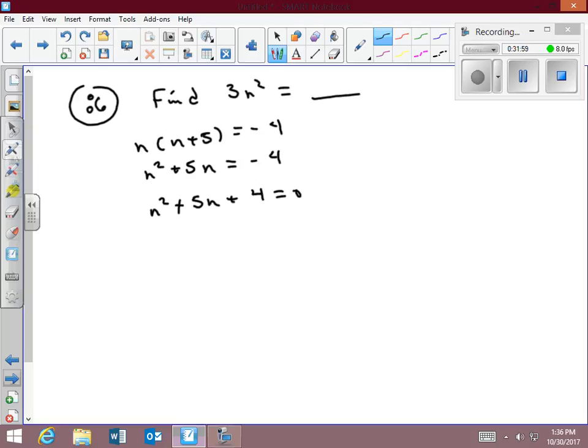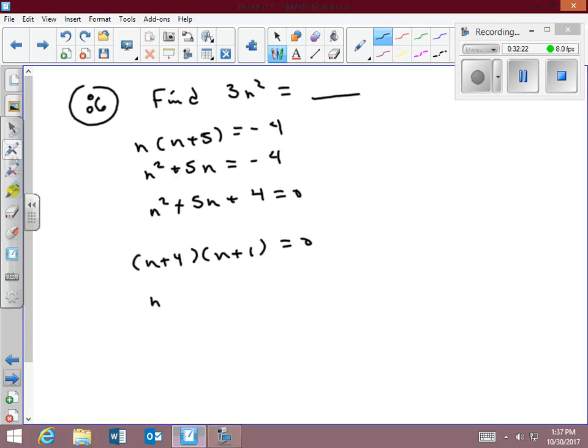Trinomial, it's not a special case. Trial and error with integers. It's an n and an n. What are the signs? Both positive. Two numbers that multiply to 4, whose sum is 5. 4 and 1.